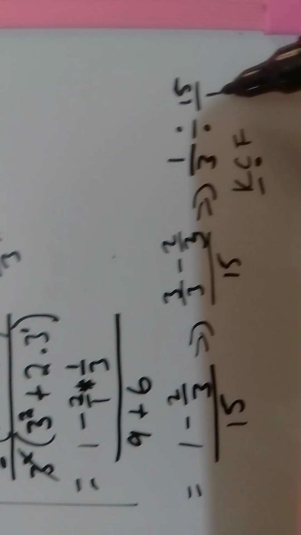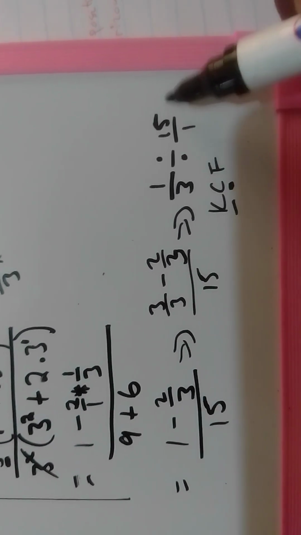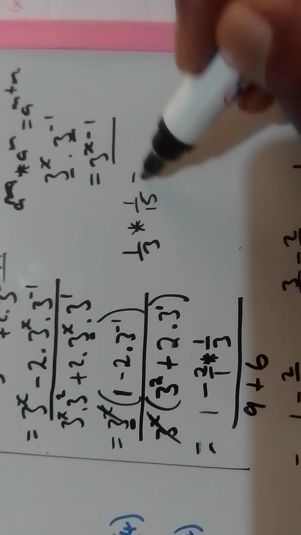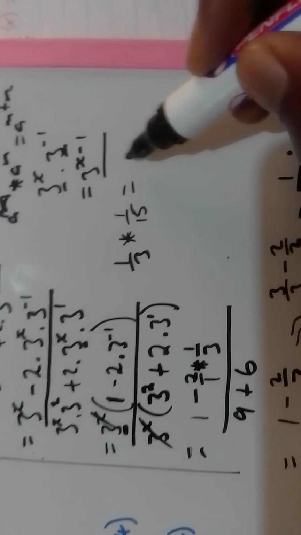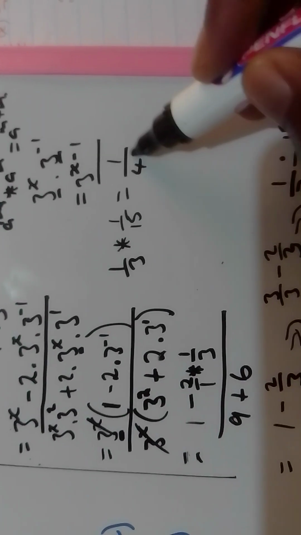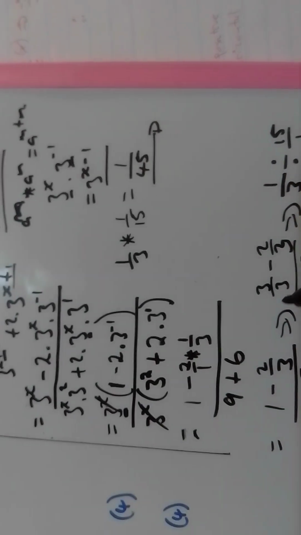Then I must flip here 1 over 15, so the denominator becomes the numerator, numerator becomes the denominator. So I now have got 1 over 15 here, which is equals to, now I say numerator multiplied by numerator, 1 by 1 is equals to 1, over 3 multiplied by 15 is equals to 45. And just like that, I have found my answer.